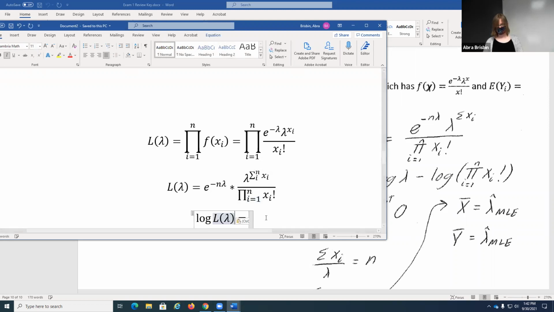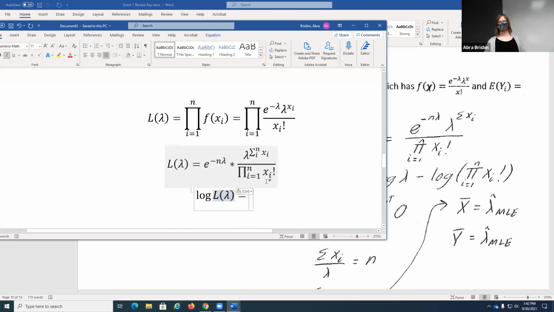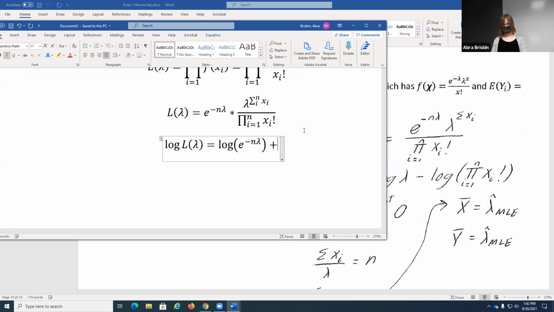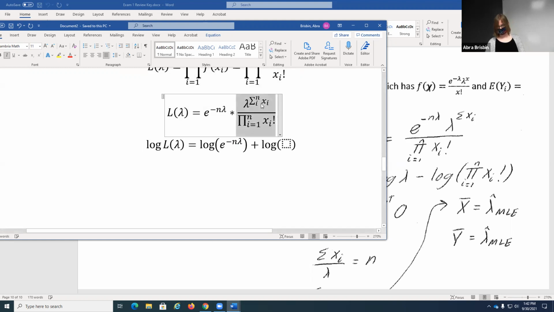All right. So now we're ready to take the log likelihood. So taking the log of what we just found. So the multiplication is going to turn into addition. So we're going to have the log of e to the negative n lambda plus the log of lambda to the sum of the x sub i's.